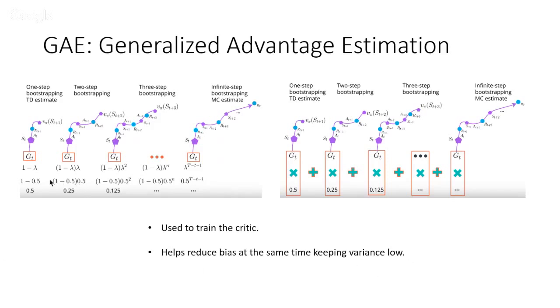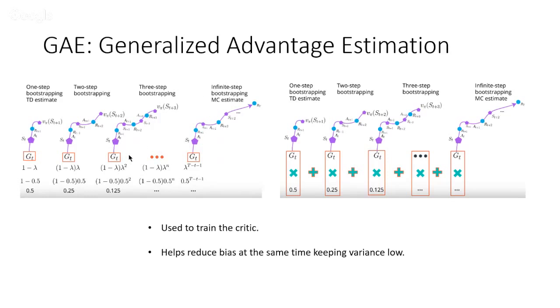And if you used all these returns equally and then took the average, right? It would have worked against your need of reducing variance, because if you take the average, then it would have increased the variance.